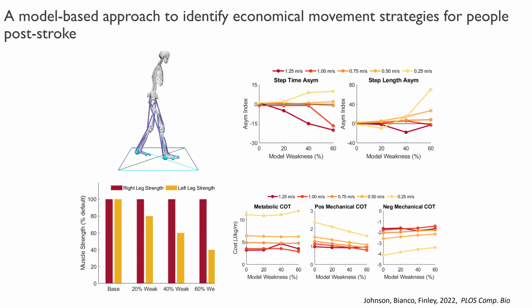We might simulate a type of impairment and then look at how that impairment changes performance, similar to what Joe mentioned last night, where we're again thinking about things like energy cost and how that might relate to aspects of walking like gait symmetry.